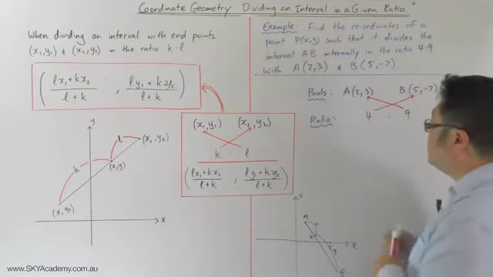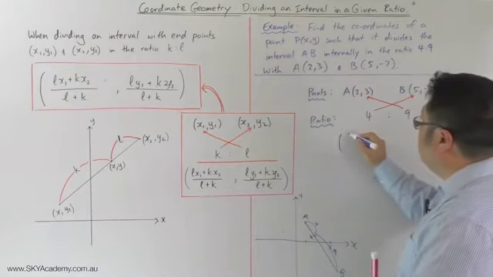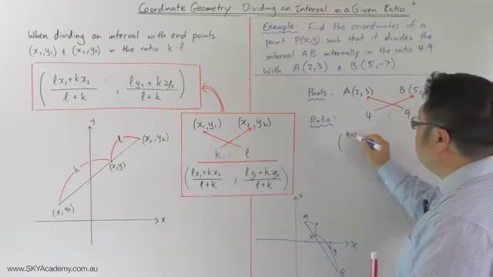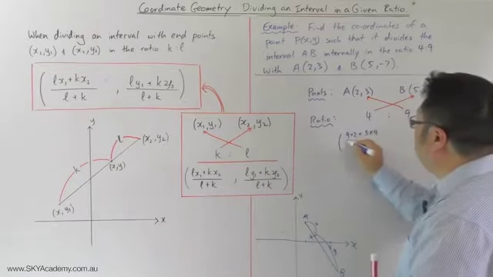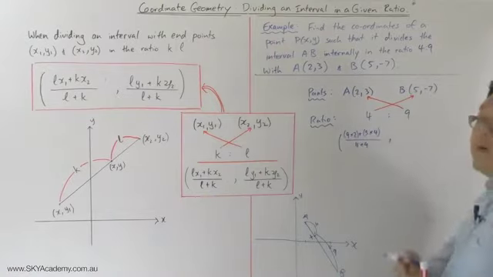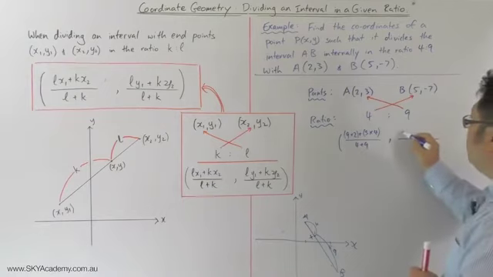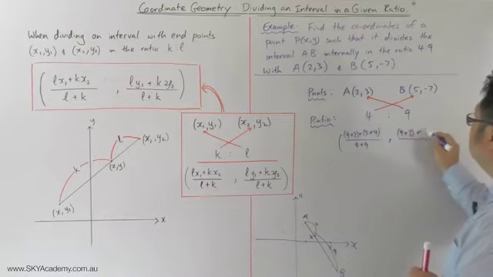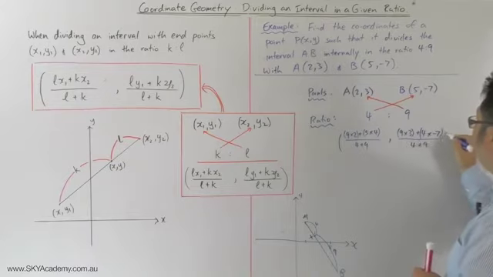So your x coordinate will be 9 times 2 plus 5 times 4, all over 4 plus 9. Your y coordinate is 9 times 3 plus 4 times -7, all over 4 plus 9.